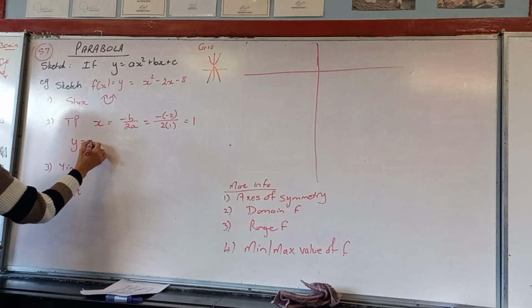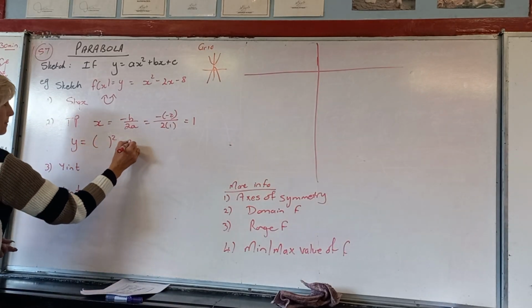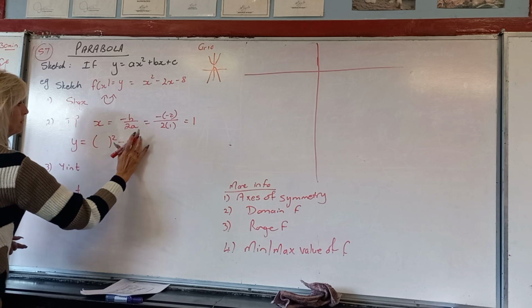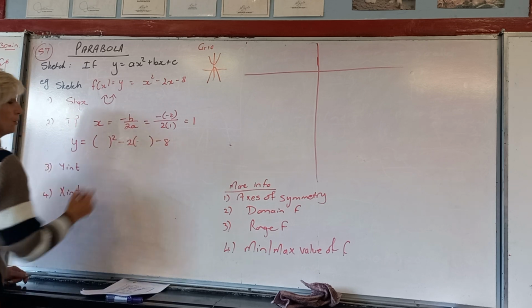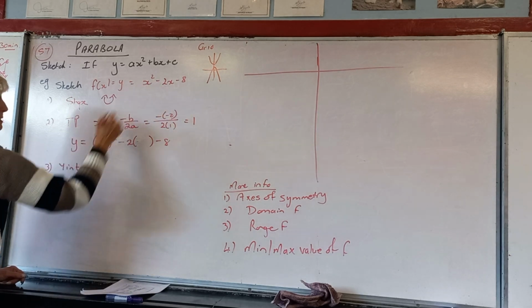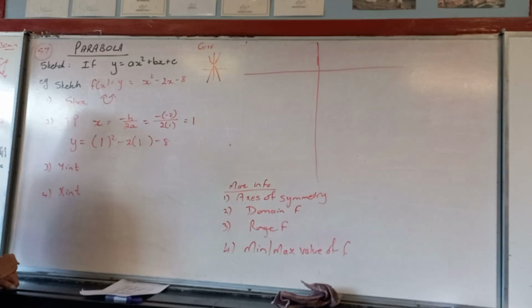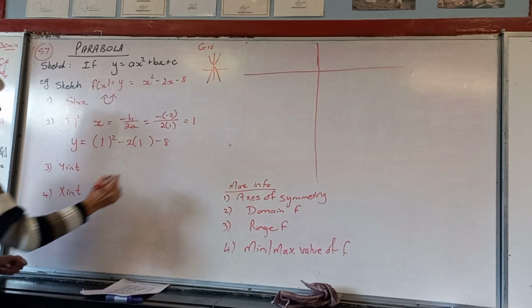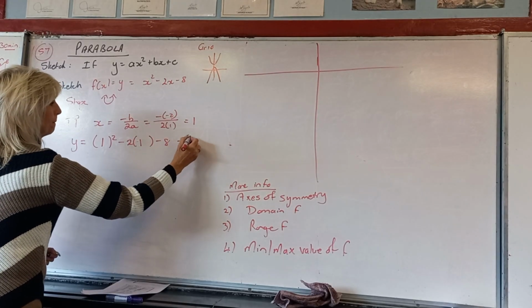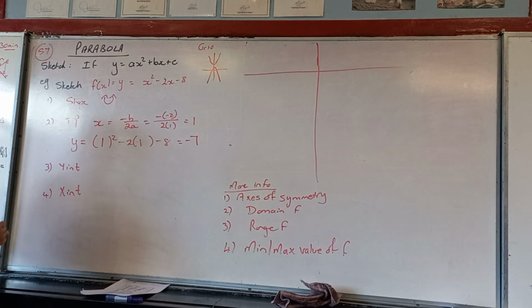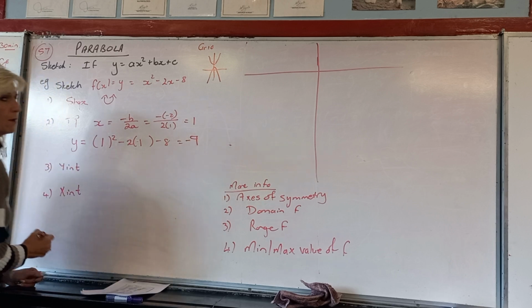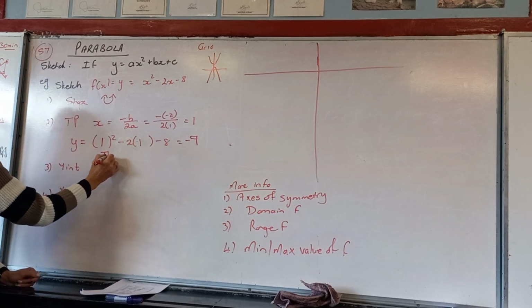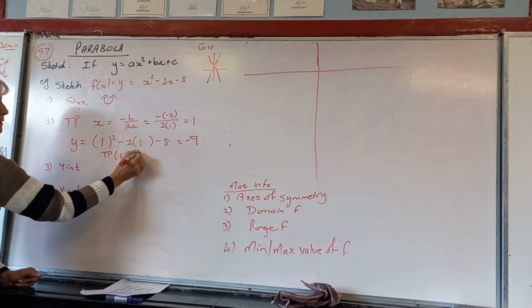So I substitute x with 1, the grade 8 way that your teacher told you. You go to your calculator, you fill it in and the answer is? It's negative 9, you're right. So the turning point then is 1 and negative 9.